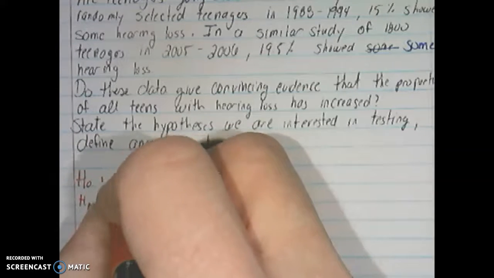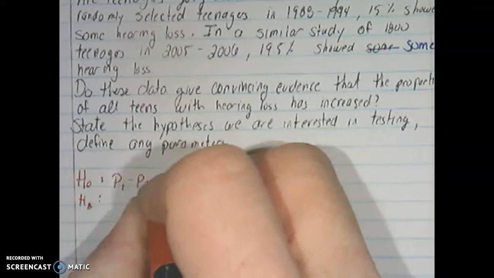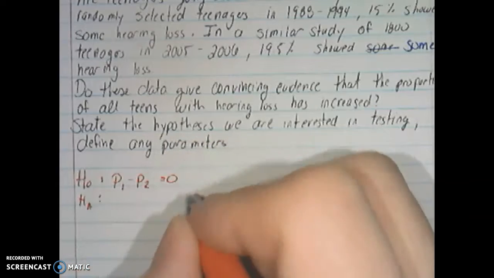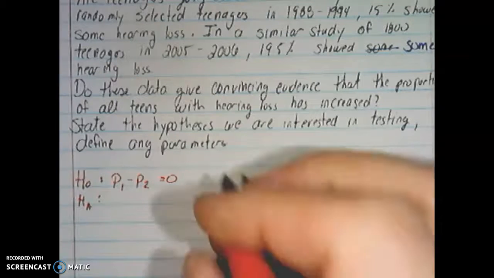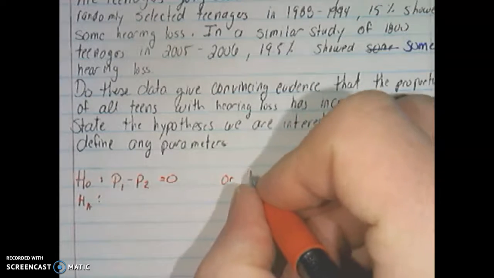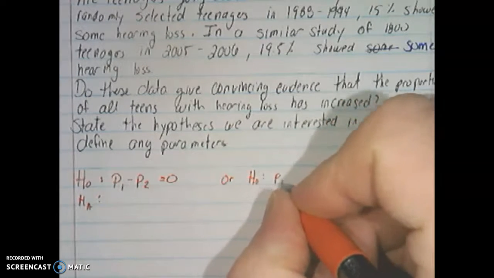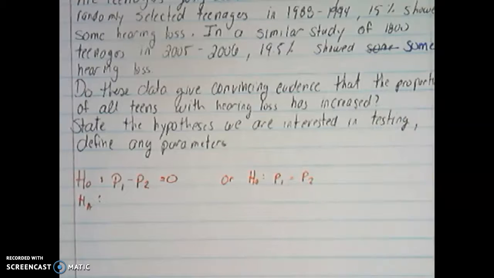So we're going to have P1 minus P2 is equal to 0 because we're looking to see if there's a difference between them. So usually if there's a difference we're looking at, or if there's an increase, we're going to make it equal to 0. So you could also write it as H naught: P1 is equal to P2. That means that there's not a hearing loss, that they're just all the same.